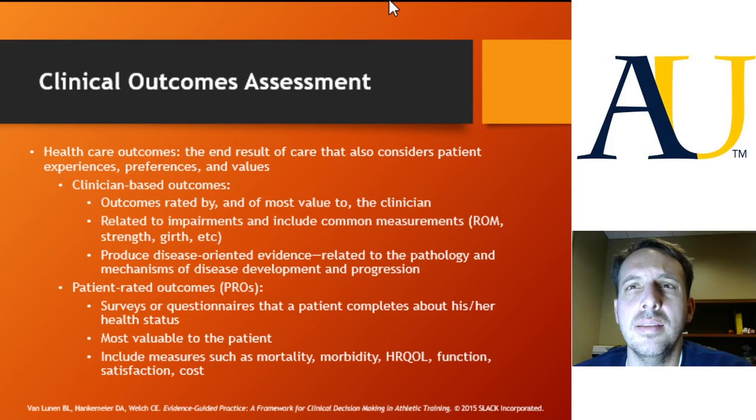So by definition, with these clinician-based outcomes, the reason they're categorized as clinician-based is because they are generated by and then of most value to the clinician.